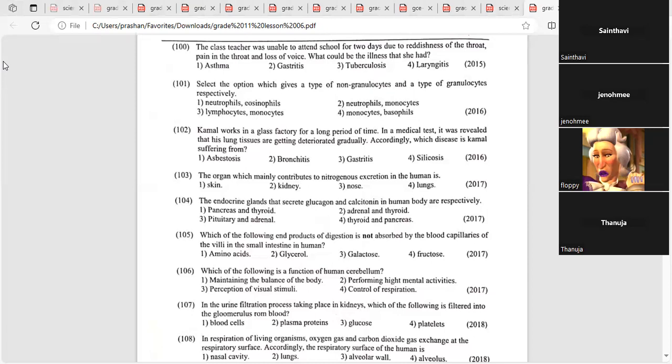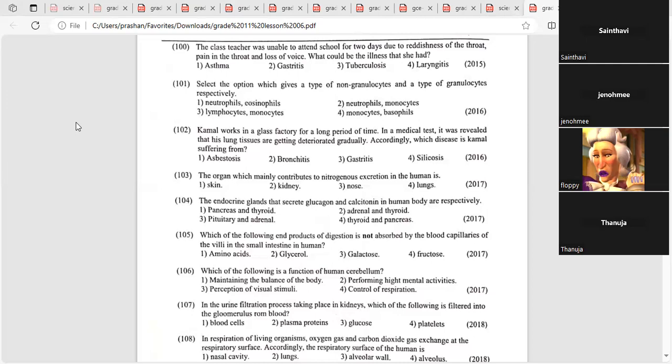Do we have to write the question? No, you have to write the answer. Answer means like this: 101, and if the first one is the correct answer, this is enough. You have to write the number of the answer only.